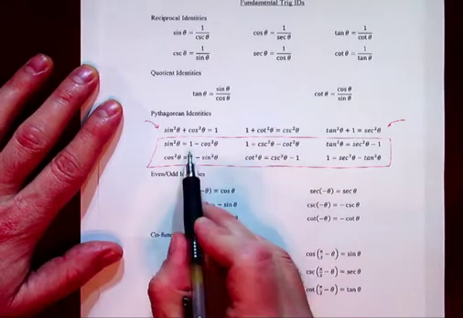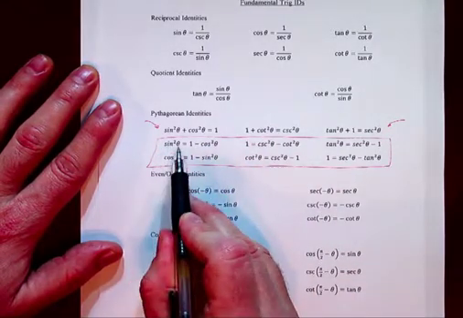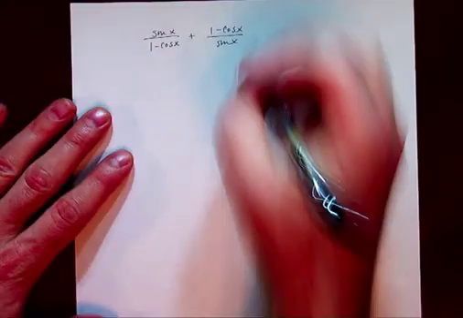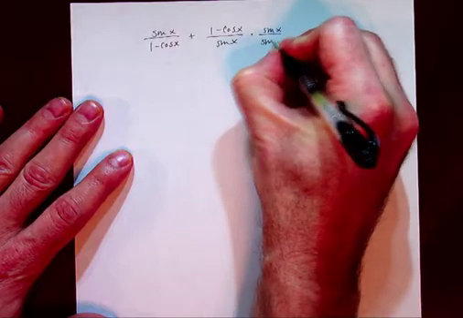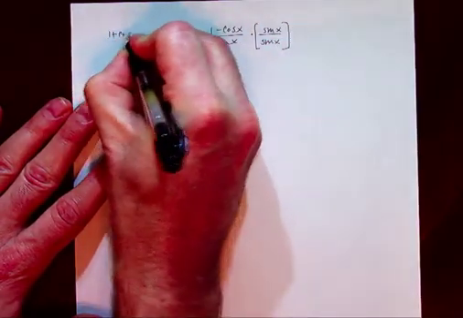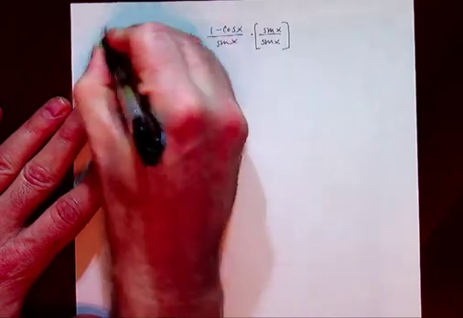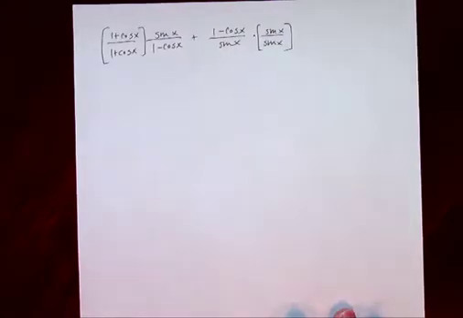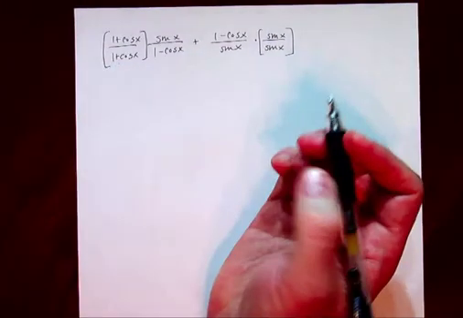If 1 minus cosine squared is the same thing as sine squared, I can actually multiply this one by sine x over sine x, and I can multiply this one by 1 plus cosine x over 1 plus cosine x. And the reason that I can do that is because these denominators are conjugates of each other.